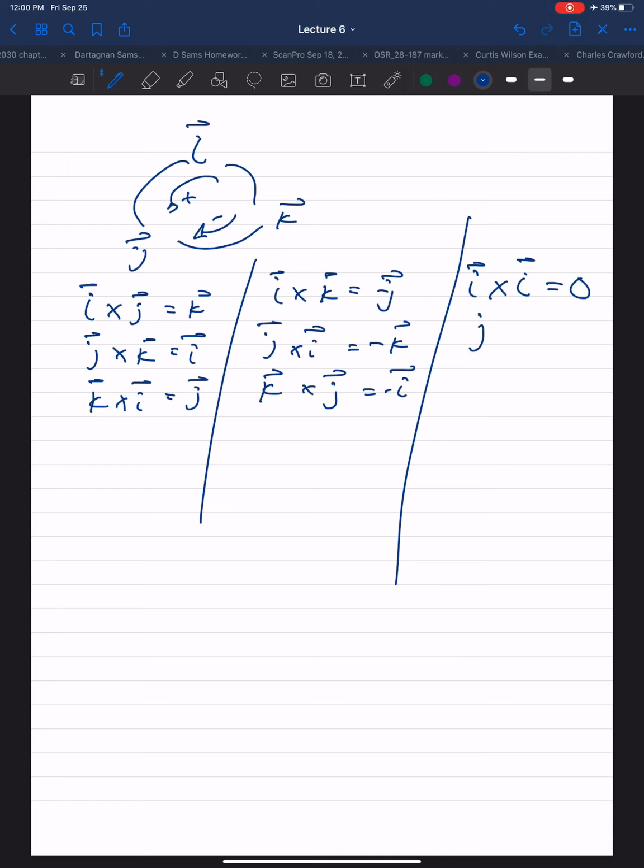J cross J equals 0. K cross K equals 0. So you can memorize these or simply use the circle. I'll rewrite it so it'll be easier to view.